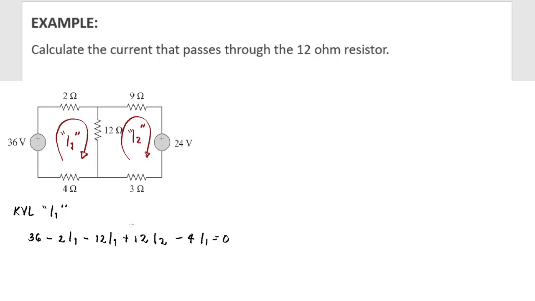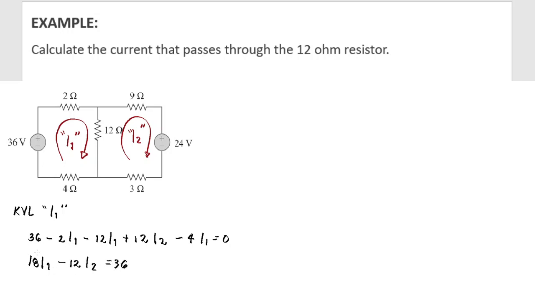Simplifying the equation, we have negative 2 minus 12, negative 14, minus 4, negative 18 I1. Then transpose to the other side of the equation. That would be a positive 18 I1. Then transpose this positive 12 I2 to the other side. That would be a negative 12 I2 equals 36.